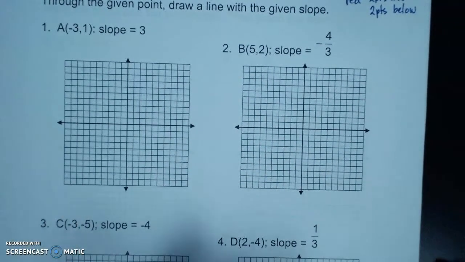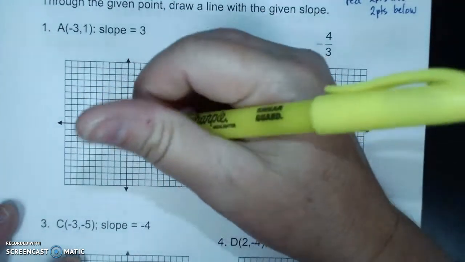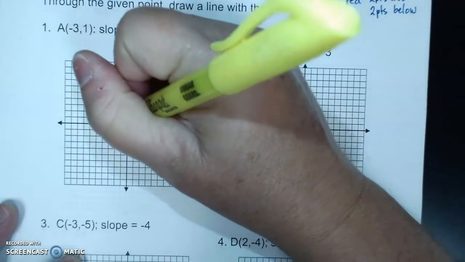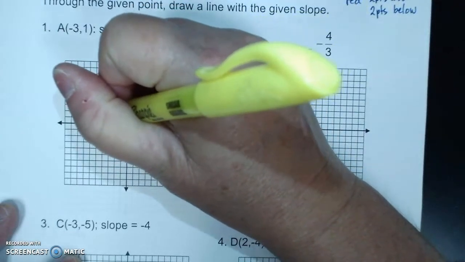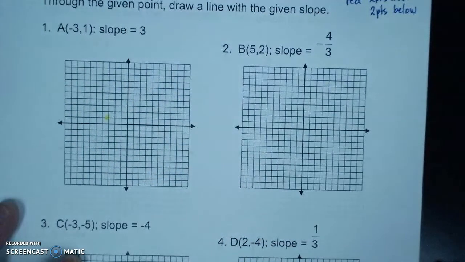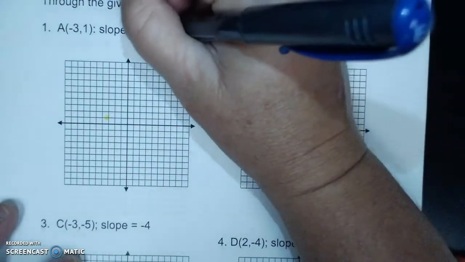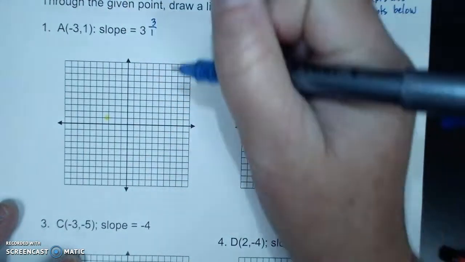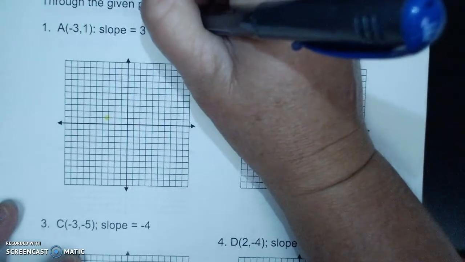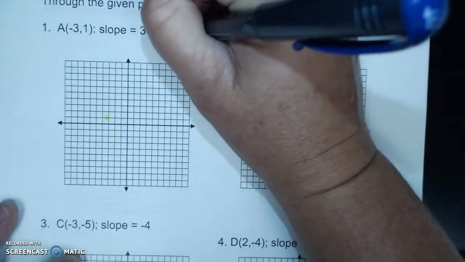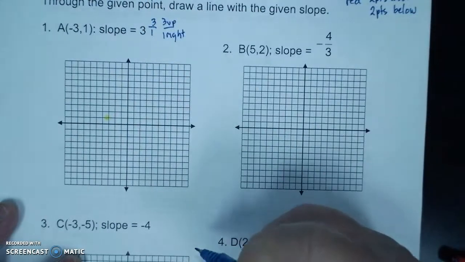So when you have the point -3, 1, you're going to graph -3, 1. The slope is a fraction. This also is 3 up, 1 right. That's how slope travels.